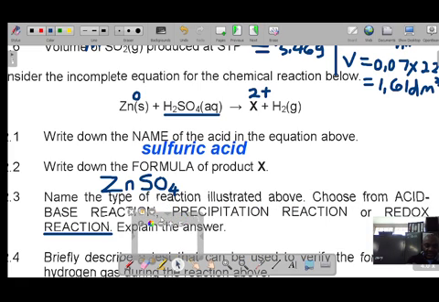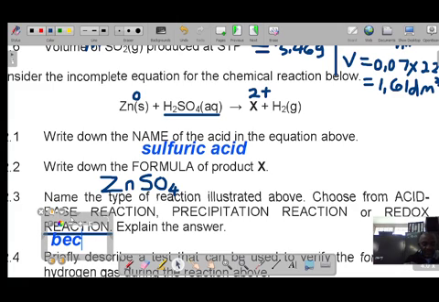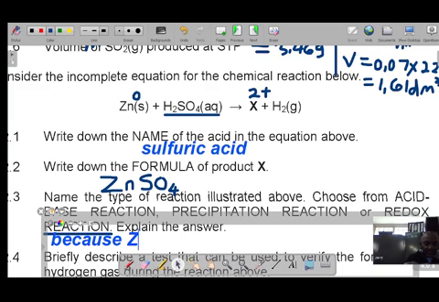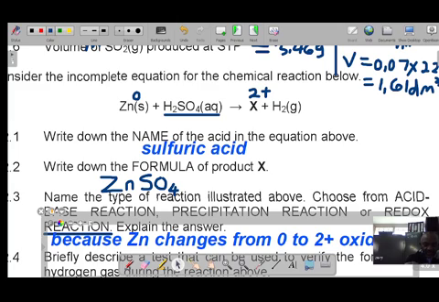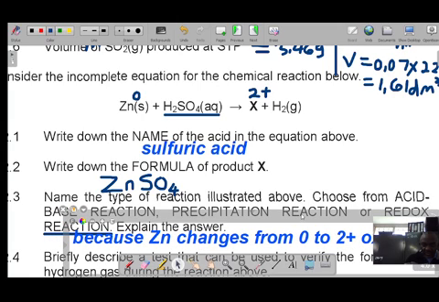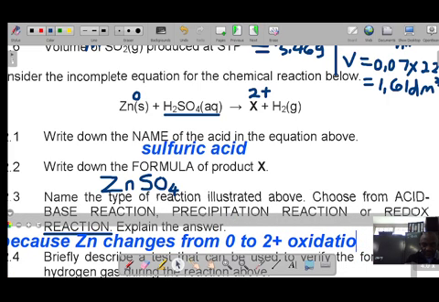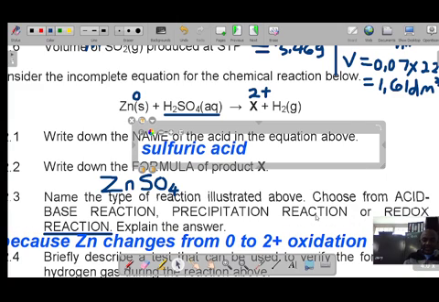Because the zinc changes from 0 to positive 2 oxidation state. Okay, that's written there.